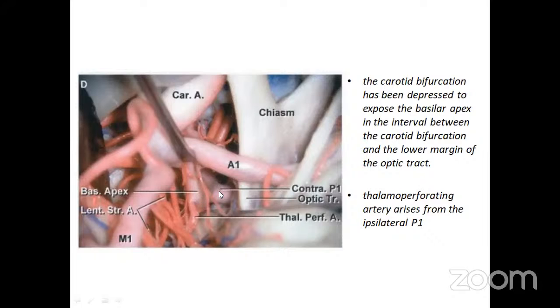The initial segment is the P1 segment. Here we can see the contralateral P1. Also, we can see the thalamoperforating arteries in this image. Thalamoperforating artery is a branch of the posterior cerebral artery's P1 segment. And we can also appreciate lenticulostriate vessels that are branches of M1.